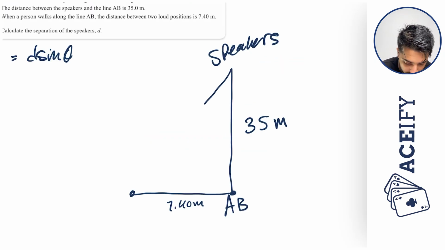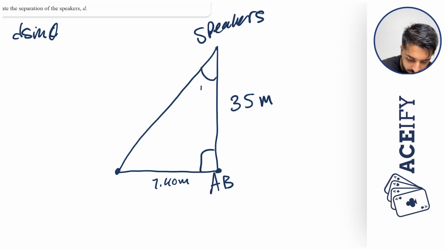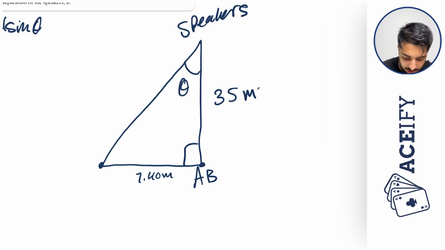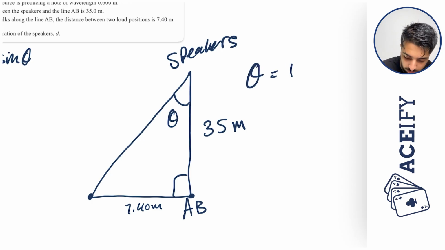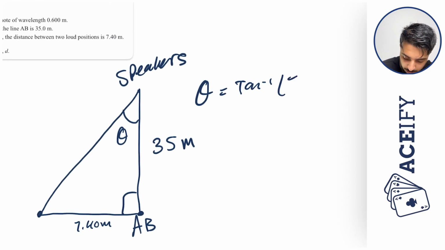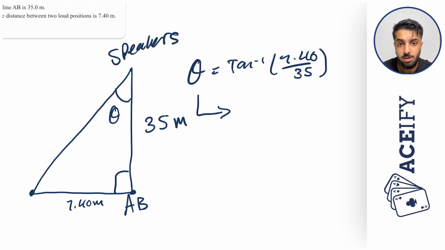And so this creates a right angle triangle right here, and we can calculate this angle theta. We have our adjacent and our opposite side, so we can say that theta is equal to tan inverse 7.4 all over 35. And that gives us an angle of 11.94 degrees.